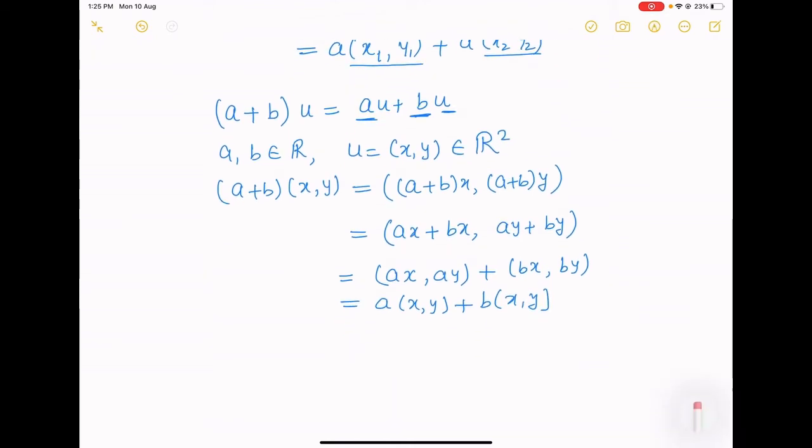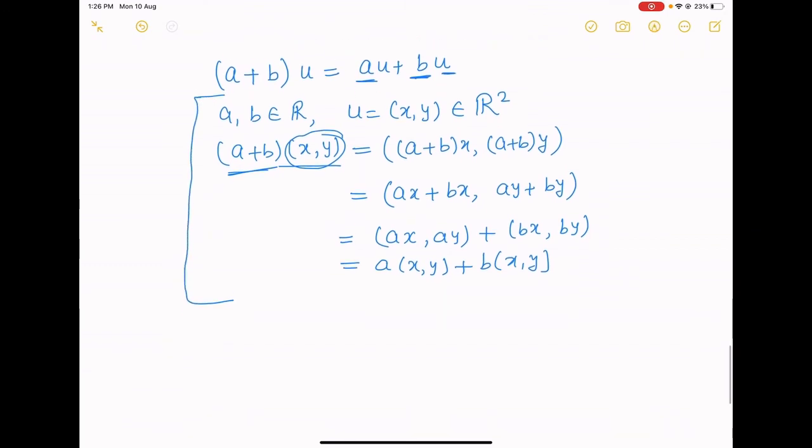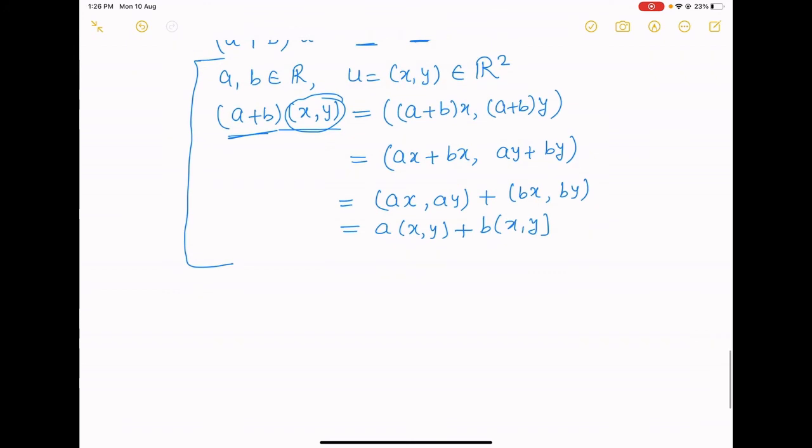So this element v, (x, y), this element of R square, distributes over a plus b. So this is the second property with respect to multiplication, and it is satisfied.